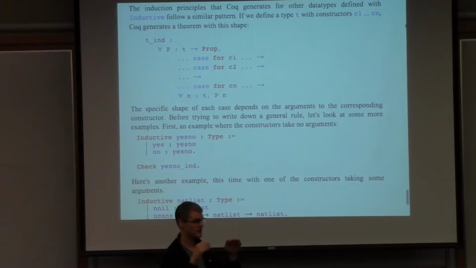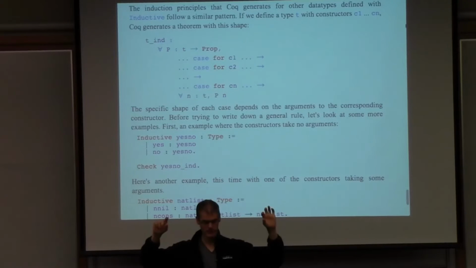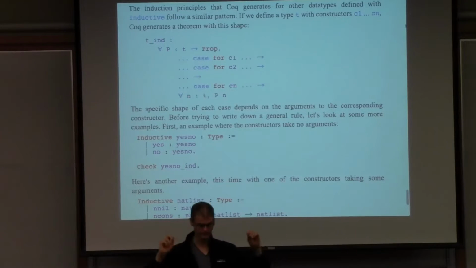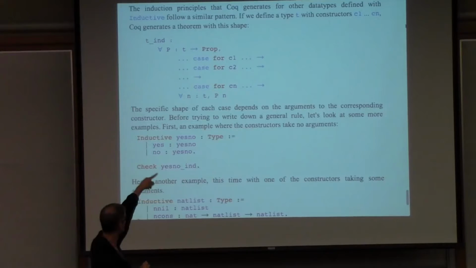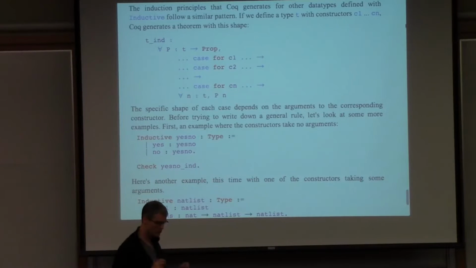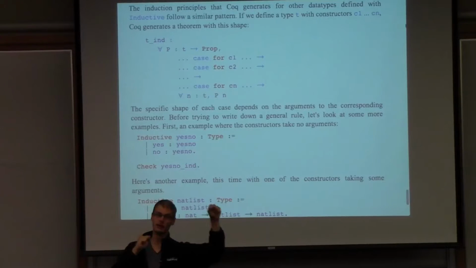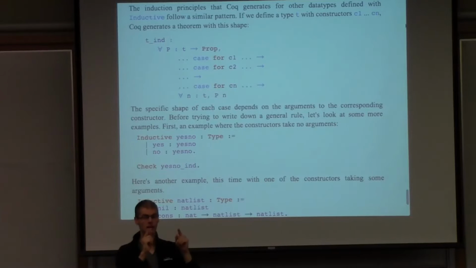So the clause in that type for the cons constructor will be of the form: suppose I give you a number and a list, and a proof that your property holds of that list.